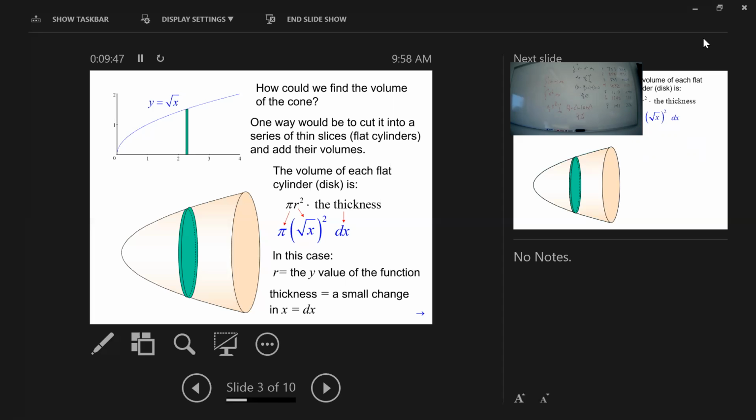So this is the radius. We don't want the diameter of the coin. You want the radius of the coin. And the radius would be the y value, take away 0. But because we're doing the problem dx, we have to substitute with y equals root x.